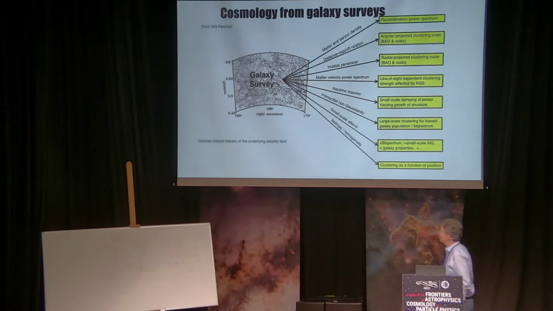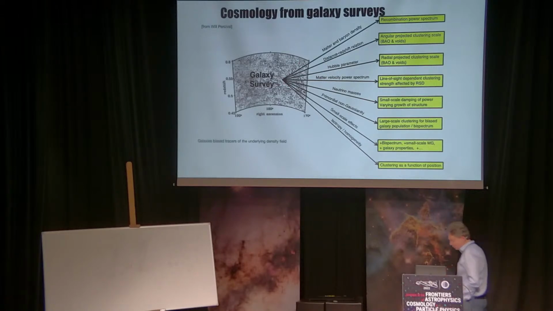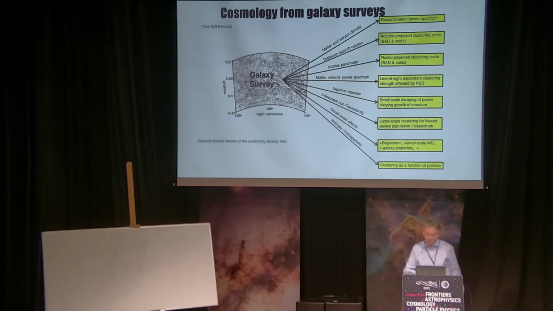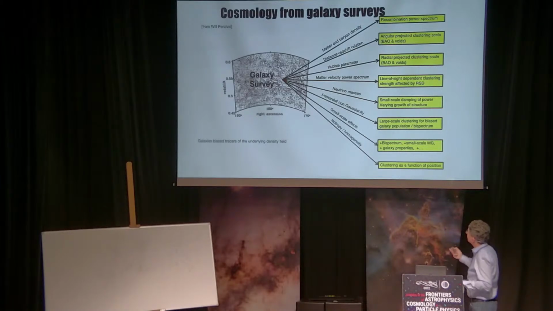Out of this network of points, filaments, structures that you see here, the number of questions that you can ask is really huge, right? For example, the first thing, you can look at the power spectrum and get an idea of omega matter, omega baryon parameters.